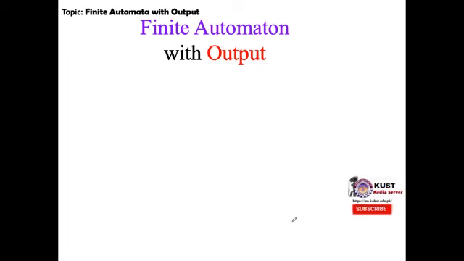They try to process some strings, but they do not produce any letter as output. So here we are going to study a new type of machine which is called finite automaton with output.